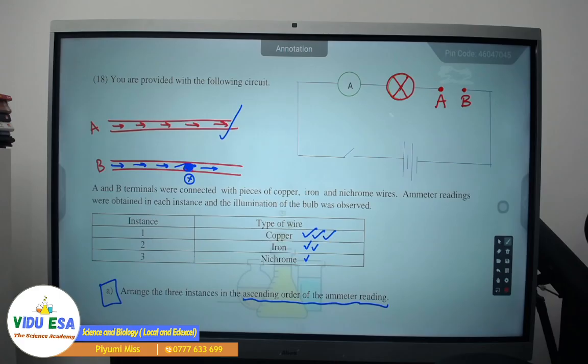Hands up those who have written that answer. Those who wrote nichrome, iron, copper.